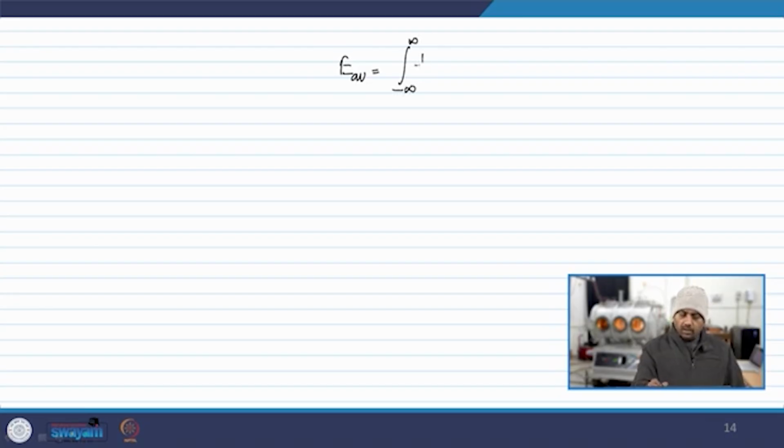Okay. Using that, we can write the average energy of the sample as the integral from minus infinity to infinity of half m y square Vth square, you see, where did we get this?